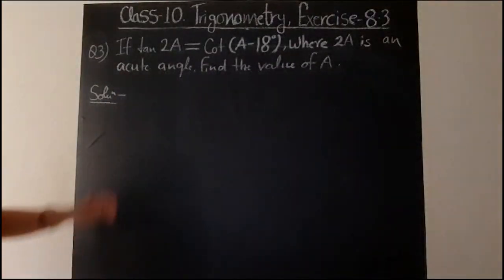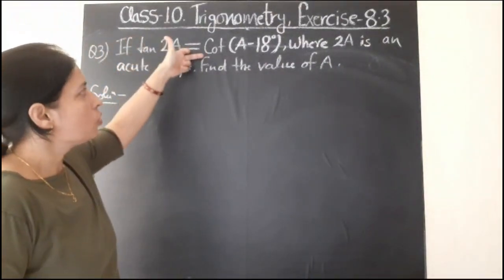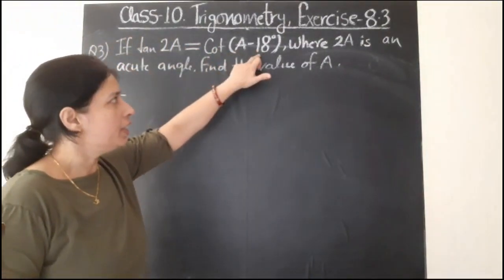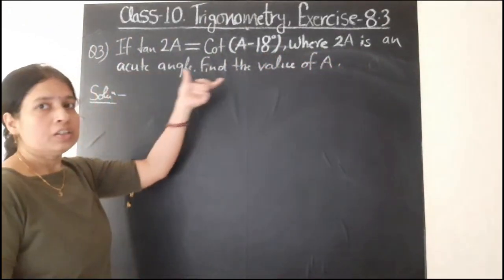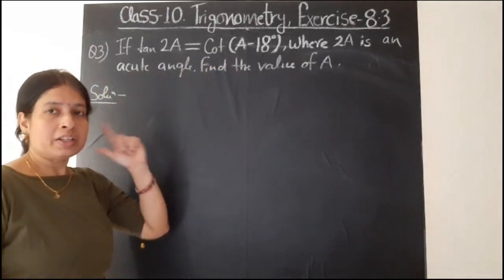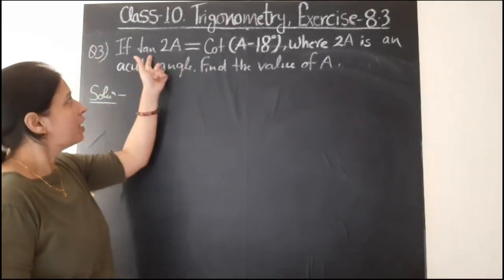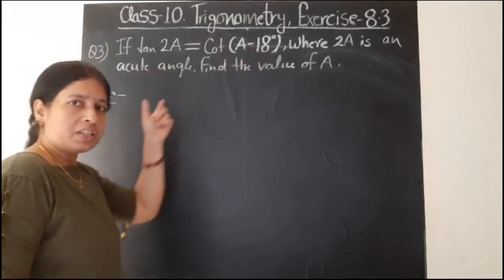So let us see our question number 3rd. It is, if tan 2a is equal to cot a minus 18, where 2a is an acute angle, find the value of a. So first thing, what is given? Here it is given tan 2a is equal to cot a minus 18. So first write that.